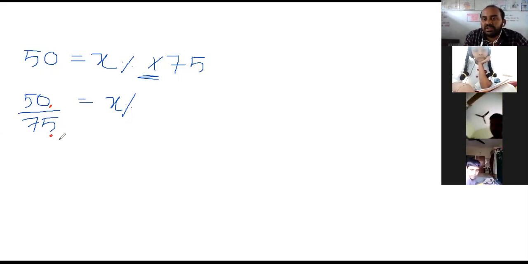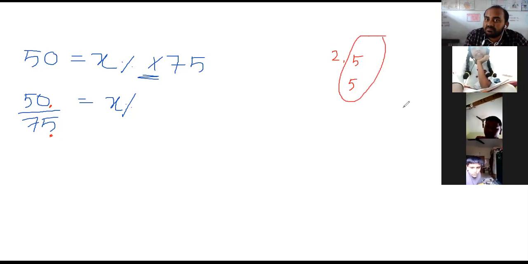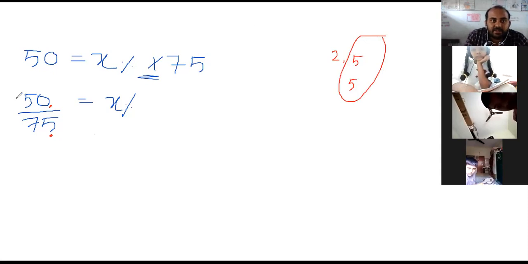So if the unit digit is a 5, it will go only in the 5 table, not in the 2 table. So the numerator goes in the 2 table and 5 table, but the denominator will go only in the 5 table. So which table do I have to select? 5 table, right? Yes. Then cancel in the 5 table.